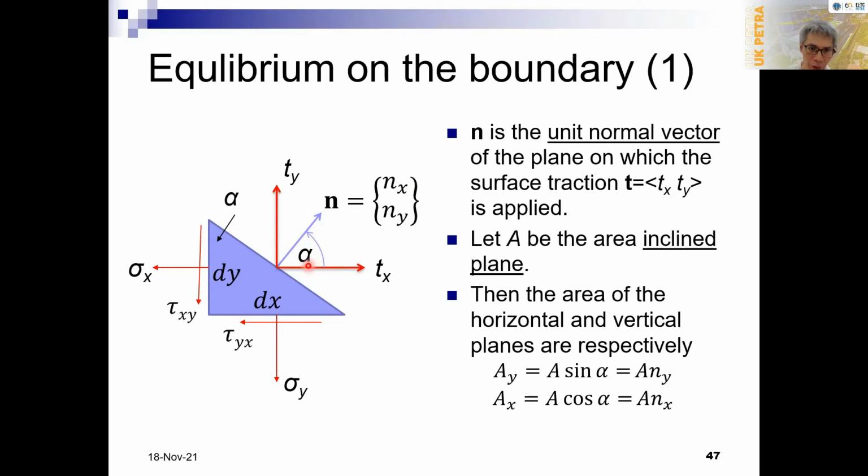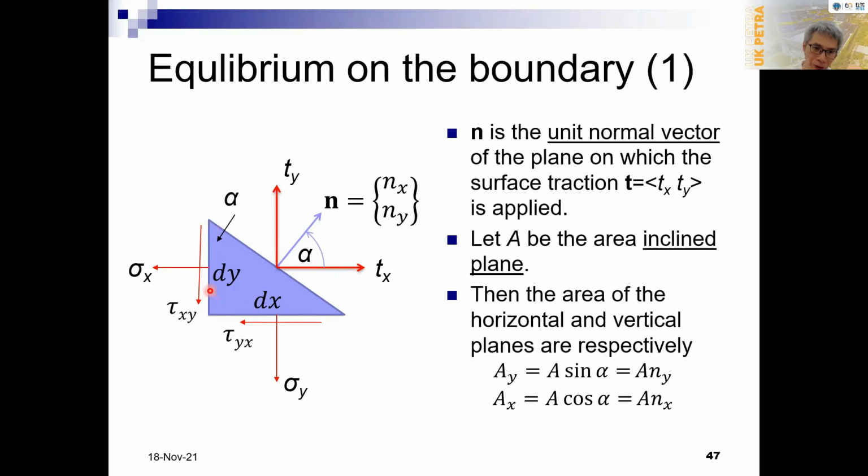According to the geometry, this angle is also alpha. So the area of this one is A sin alpha. We call this Ay, the area of the bottom edge.